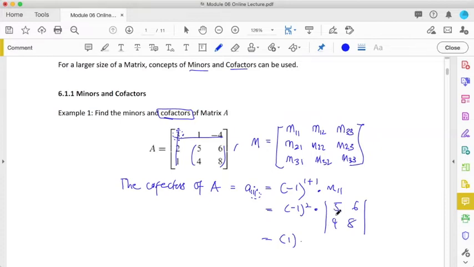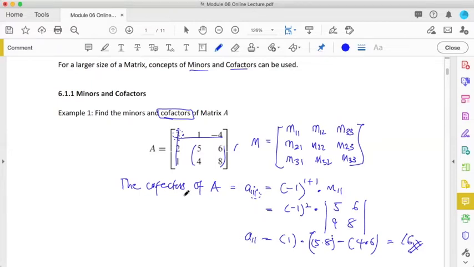If you find the determinant of this 2 by 2 matrix, you will get 5 times 8 minus 4 times 6. If you solve that, you will get 16. So this is the cofactor of A at position A11.